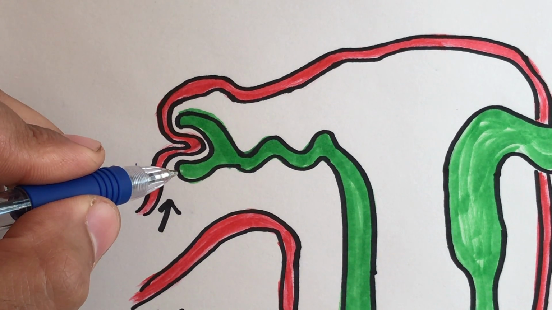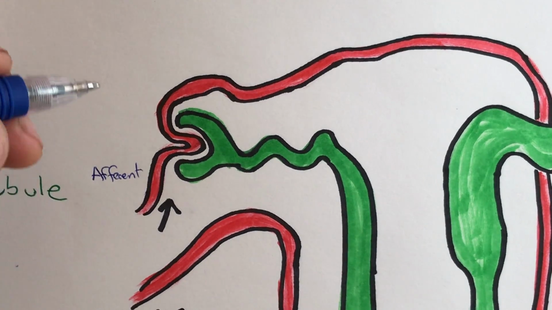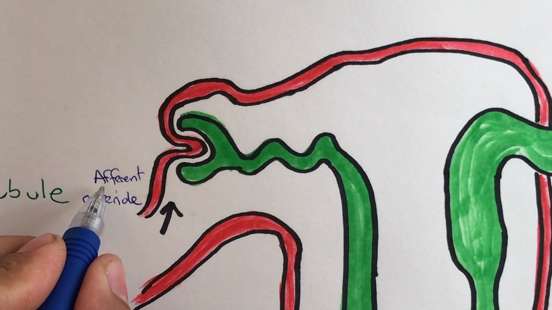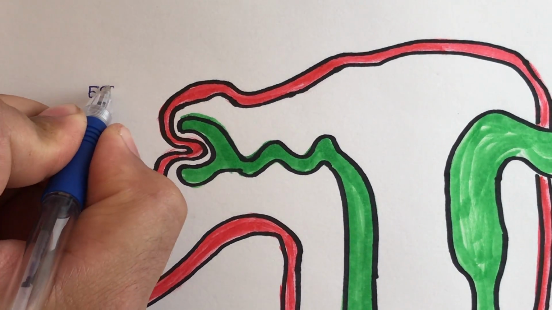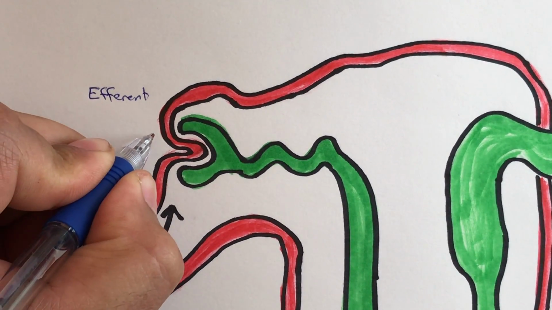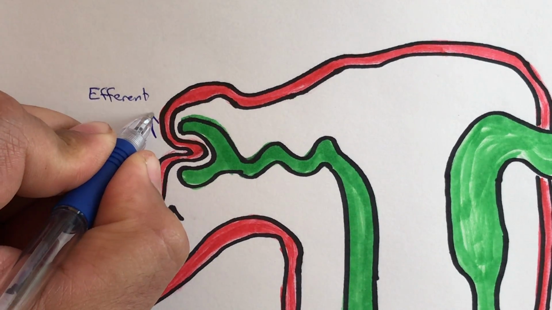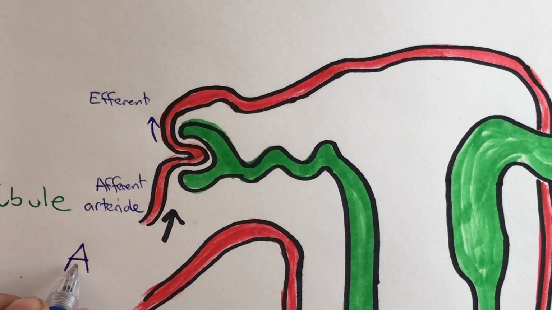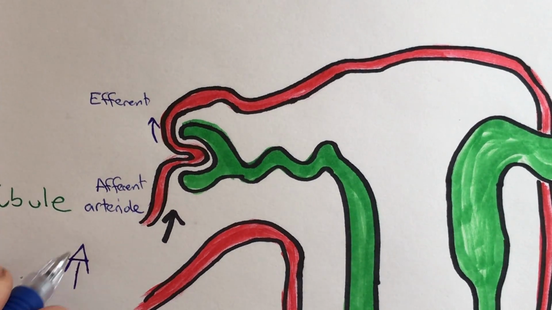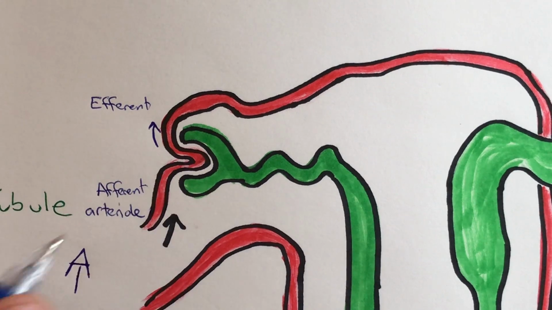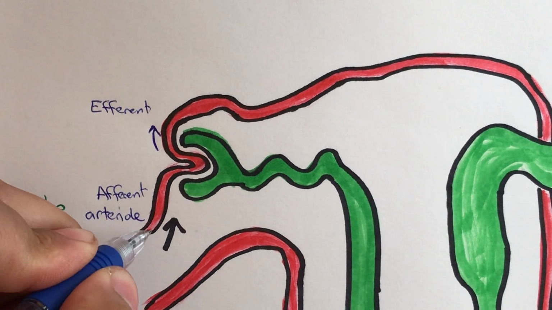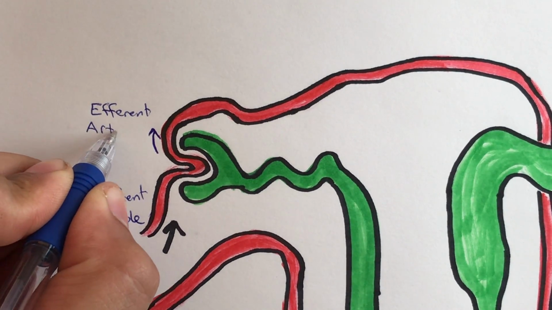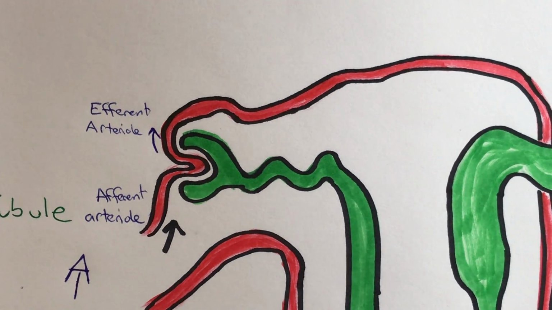And how I always like to remember afferent from efferent, meaning going away, is that A sort of looks like an arrow pointing up or towards the nephron. So afferent arteriole is going towards, and efferent arteriole is going away. E and A.